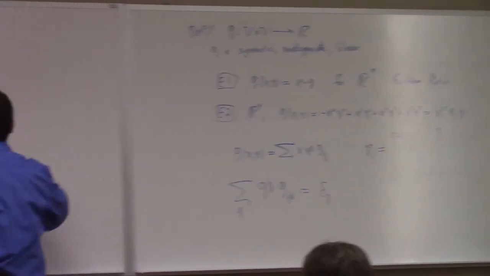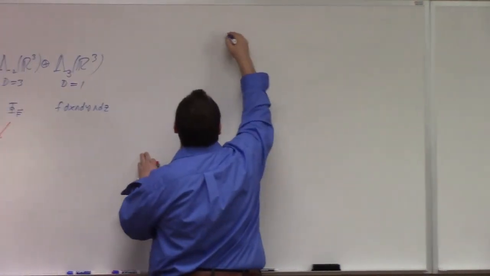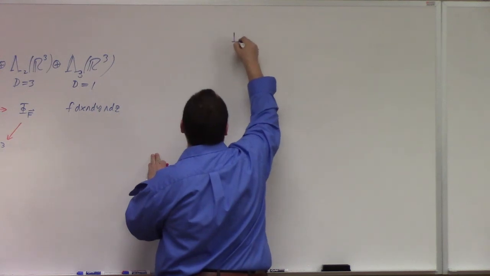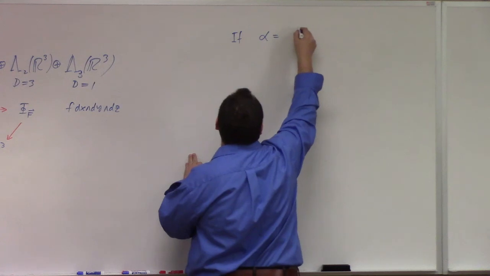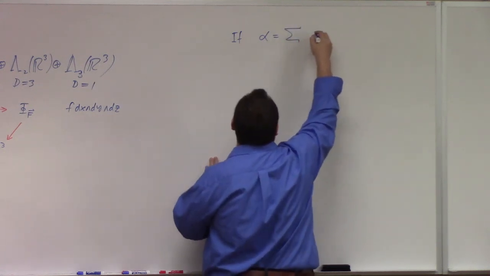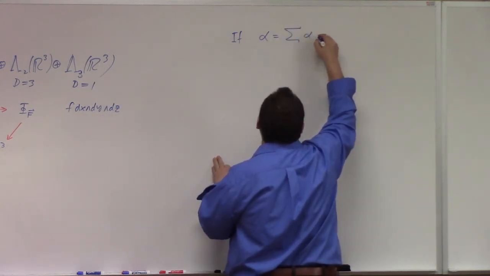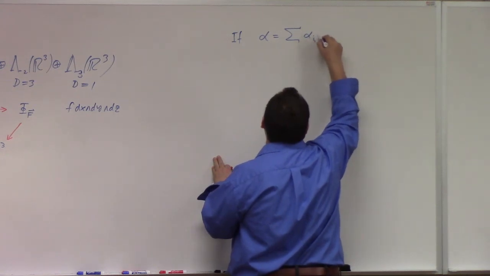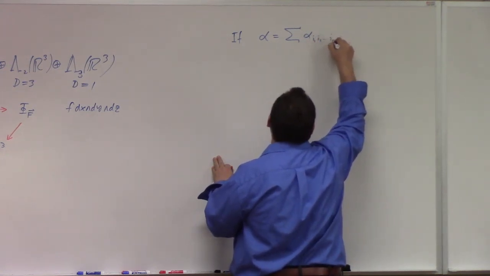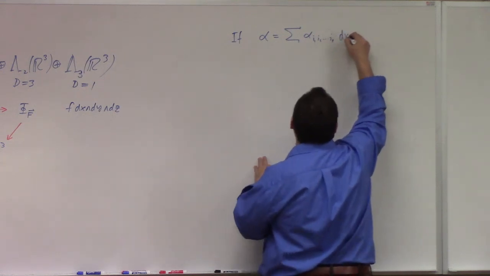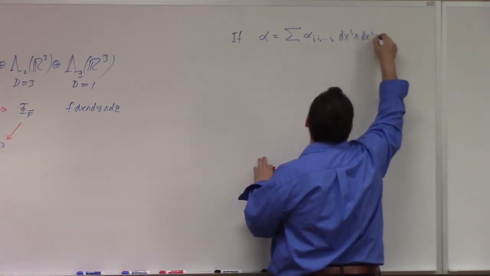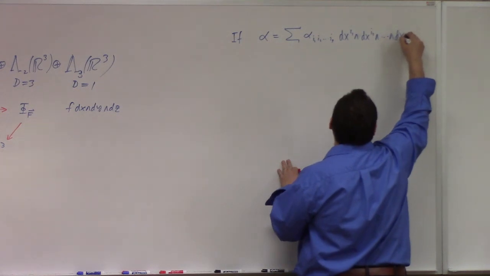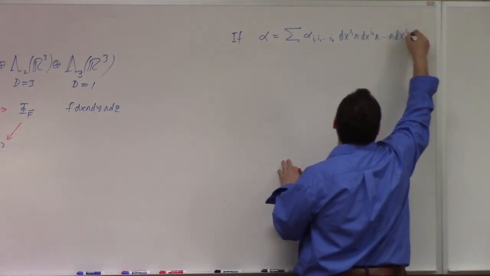Suppose you have alpha equal to the sum over i1, i2, ..., ip of alpha sub i1 i2 ... ip, dx i1 wedge dx i2 wedge ... wedge dx ip.